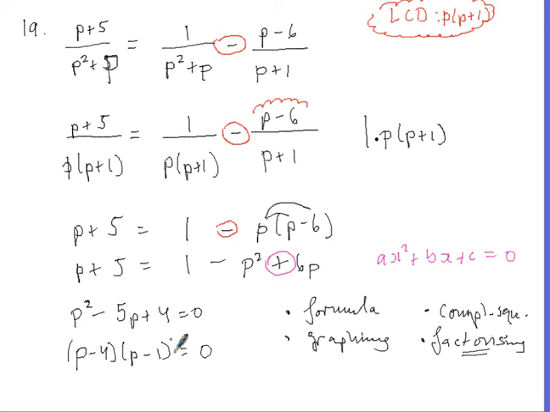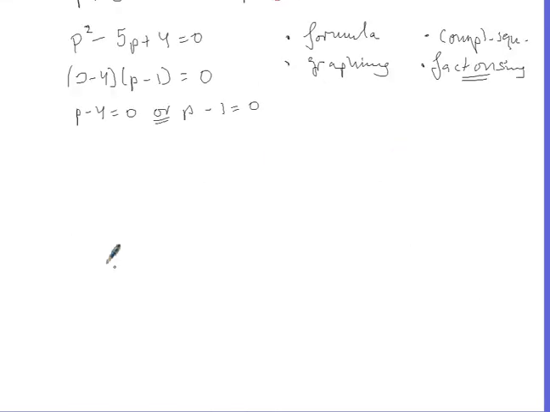And when you're sure that this works, fine, you can go to the last step. So p minus 4 equals to 0, or, don't forget this, p minus 1 equals to 0. And so p equals to 4, or p equals to 1.